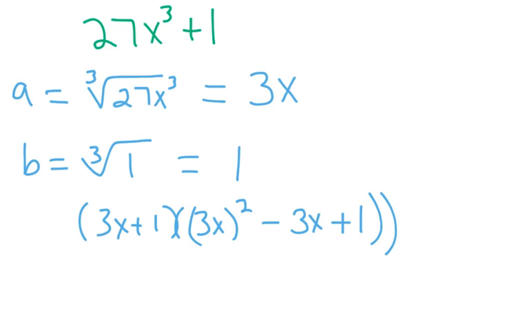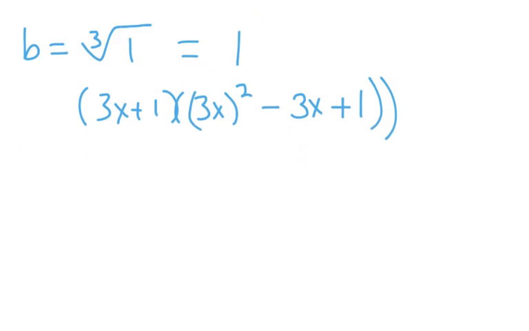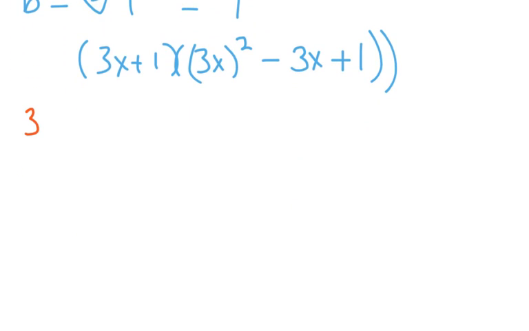Okay, so we have to do a little bit of math here before we can start solving. Notice the A squared is 3x squared. Remembering our rules for exponents, that square applies to both terms, both the 3 and the x. So I'm going to start rewriting this a little bit. My first quantity is just 3x plus 1.